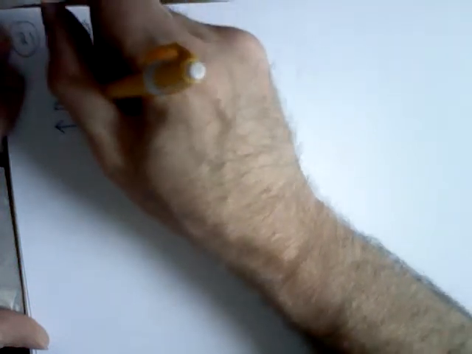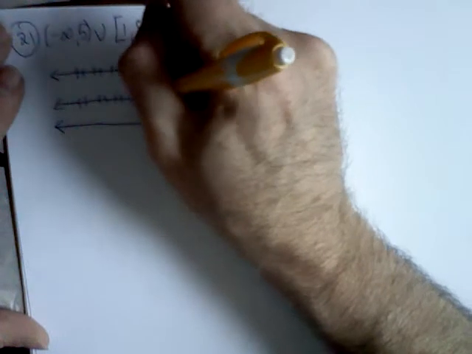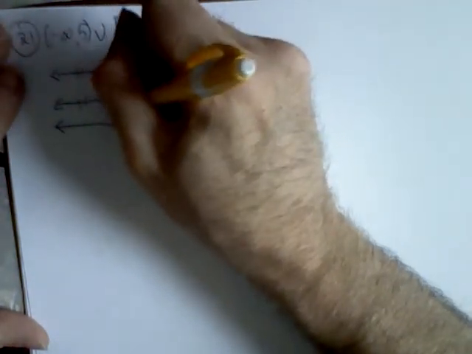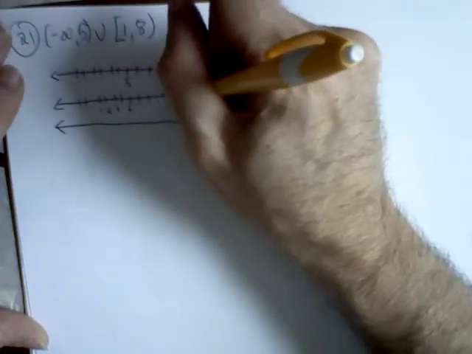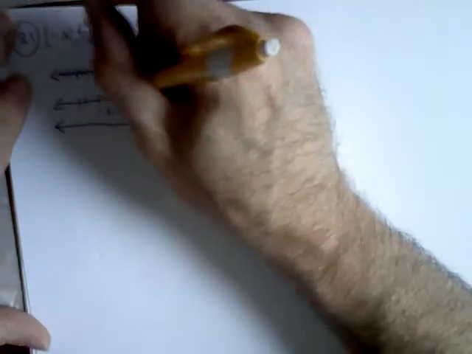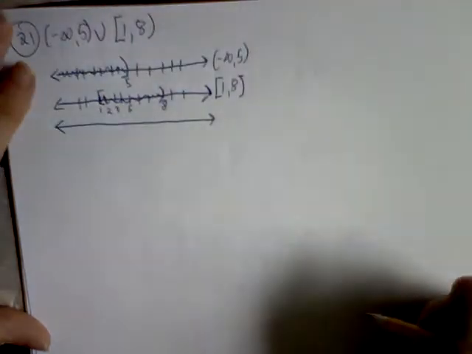No, maybe I should do this interval first. Okay, so I'm going to put 1, 2, 3, 4, 5, 6, 7, 8. Okay, so -∞ to 5, and then 1 to 8. So I'll bracket off 1 and go all the way up to 8. Okay. So that should be a parenthesis.